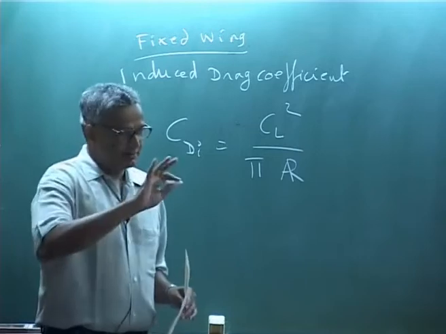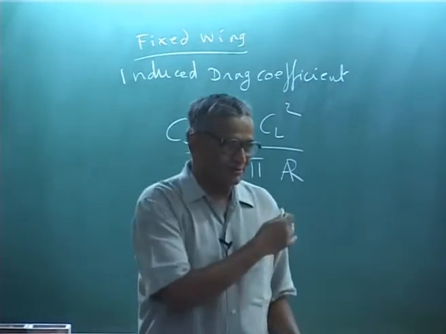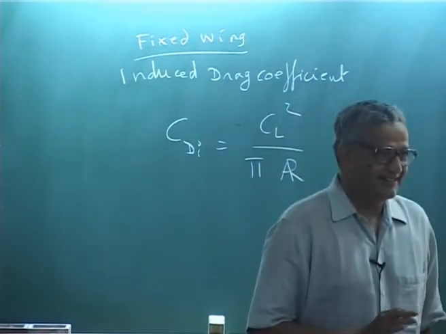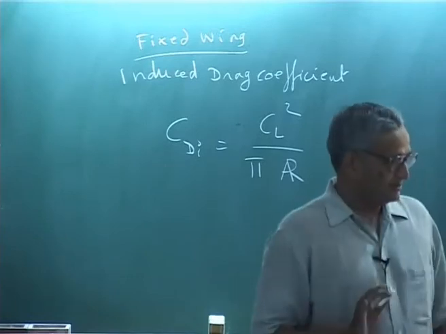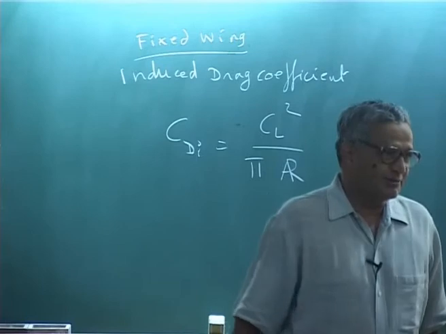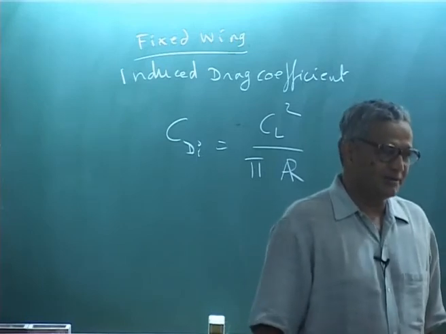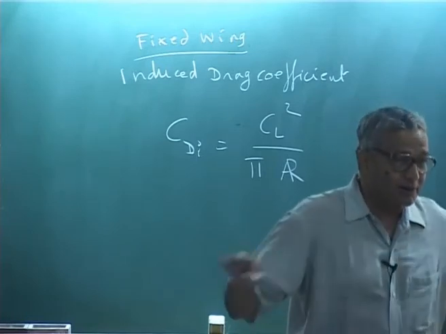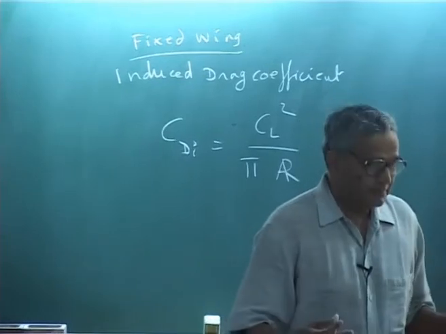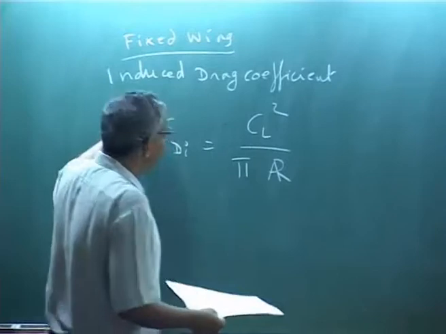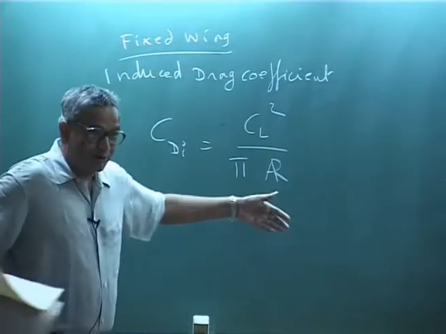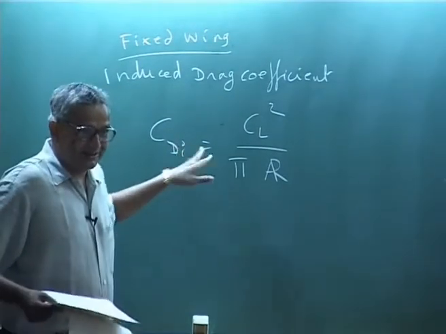Those of you who have done aerodynamics, you will know this. If you have not done, take it, then you can read an aerodynamics book. For an elliptic wing loading, this is the minimum induced drag, that is what elliptic loading, all those assumptions, then you get this value.